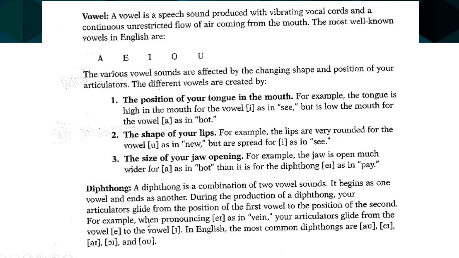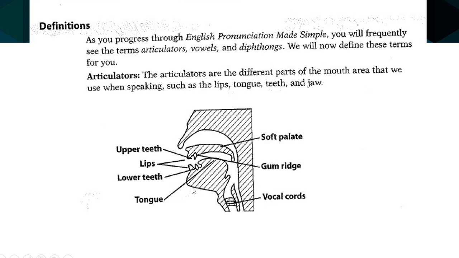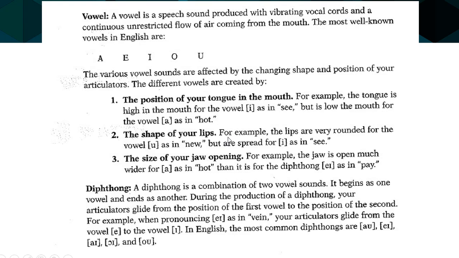Then we have a drawing here. Vowel: a vowel is a speech sound produced with vibrating vocal cords and a continuous unrestricted flow of air coming from the mouth. The most well-known vowels in English are A, E, I, O, U.